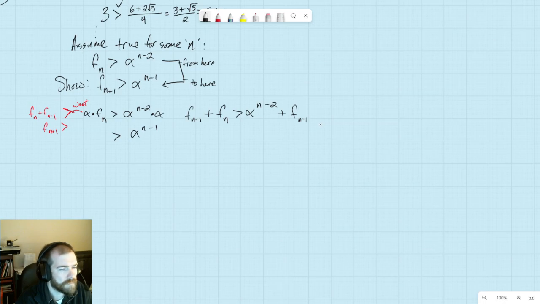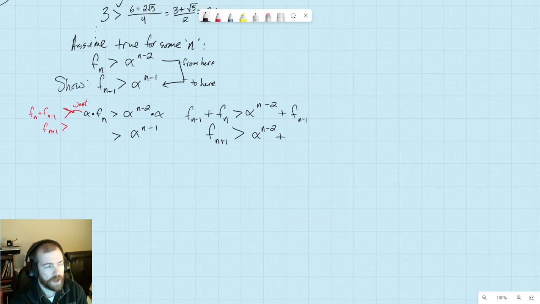Over here, f sub n plus f sub n minus 1 is going to be f sub n plus 1, which is greater than alpha to the n minus 2 plus this, maybe not. Ooh, that might have done it.